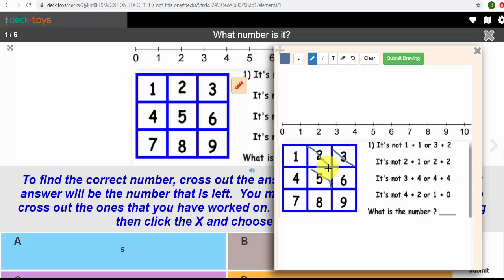It's not 2 plus 2, that means the answer is not 4. It's not 3 plus 4, so it's not a 7. And it's not 4 plus 4, so the answer is not 8. It's not 4 plus 2, so the answer is not 6. And it's not 1 plus 0, so the answer is not 1. So the answer here would be 9.